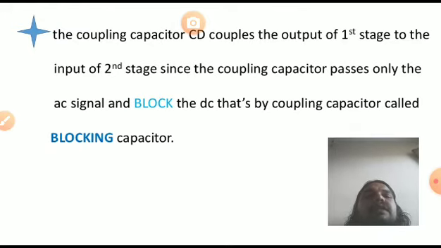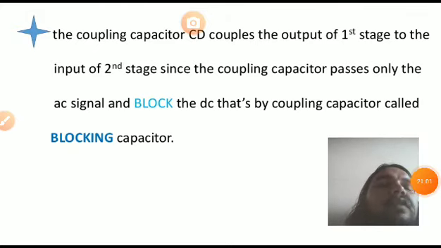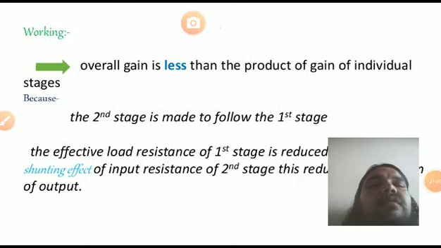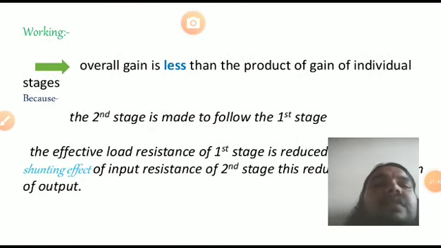The coupling capacitor CC couples the output of the first stage to the input of the second stage. Since the coupling capacitor passes only the AC signal and blocks the DC, it is called a blocking capacitor.